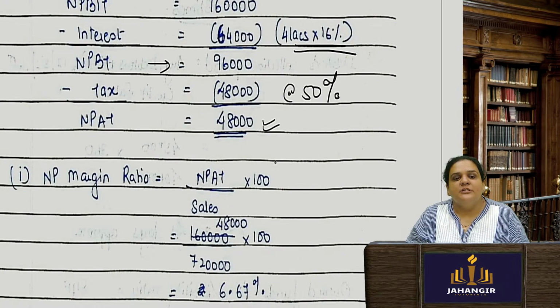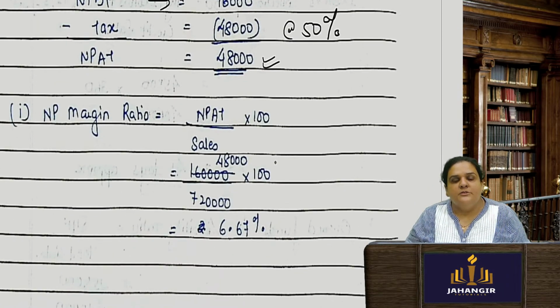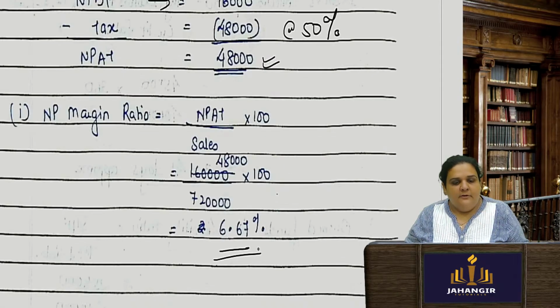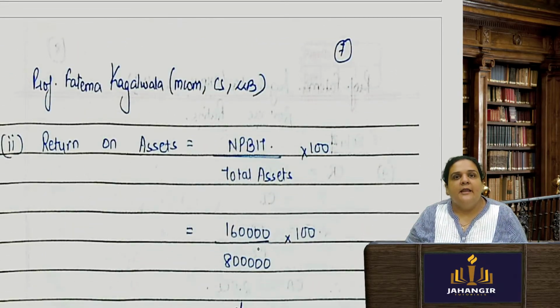Net profit margin, I told you, is net profit after tax upon sales. So net profit after tax, we just calculated 48,000. Sales is 7,20,000 into 100, 6.67%. Next, they are asking me return on assets. Return on assets means NPBIT upon your total assets.